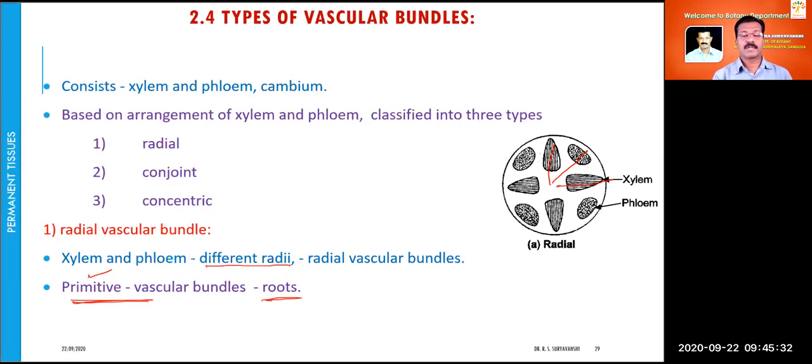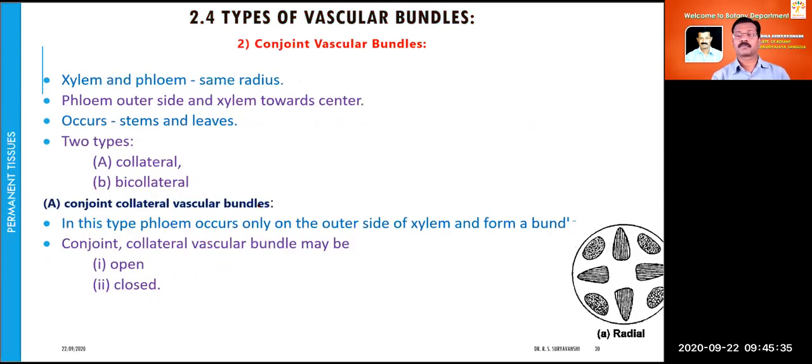Now about the conjoint. In the conjoint type of vascular bundle, xylem and phloem occur in the same radius, and phloem is situated on the outer side and xylem towards the inner side. Let me tell you in simple language. Suppose this one is the transverse section of stem.